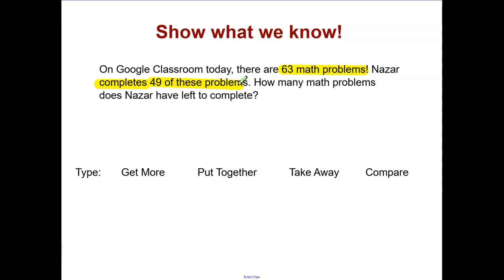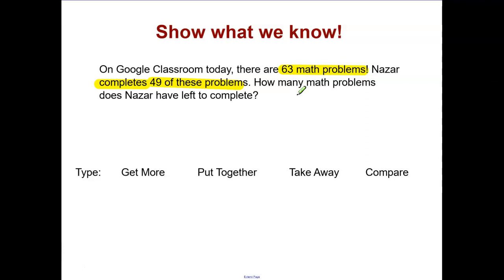So he had a total and he took some of them away by completing them. So his total amount became less because he finished some of them. Oh my goodness. So I know the action right away is takeaway because he had an amount, and since he finished some, he took away some of that total amount by finishing them.